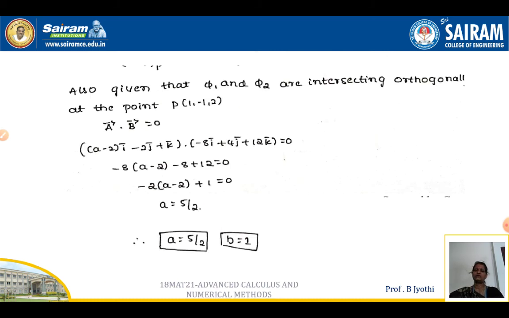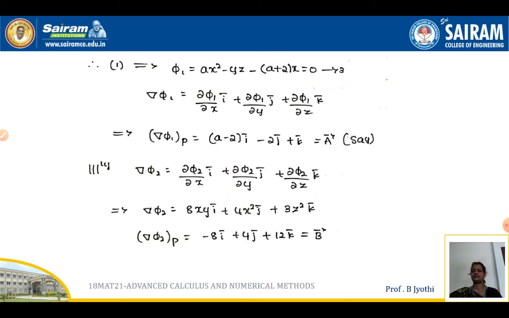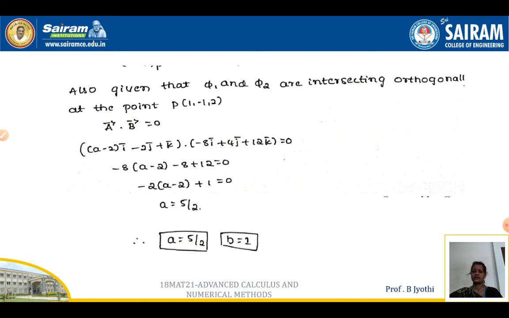Also it is given that phi 1 and phi 2 intersect orthogonally at the point (1, -1, 2). So A dot B should be equal to 0, because they are orthogonal to each other. Let us take the dot product of the two, substituting the A and B that we obtained: (a minus 2) into (-8), minus 2 into 4, that is minus 8, and 1 into 12, that is 12.